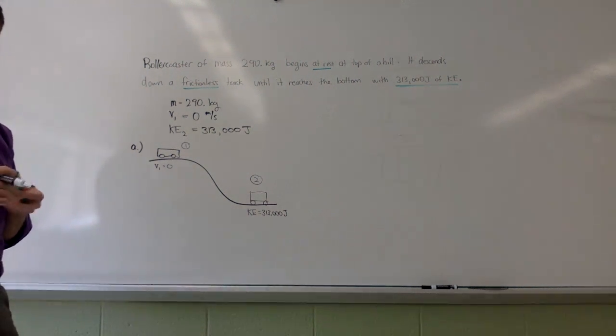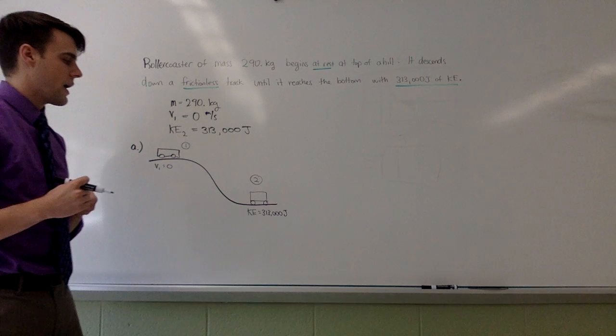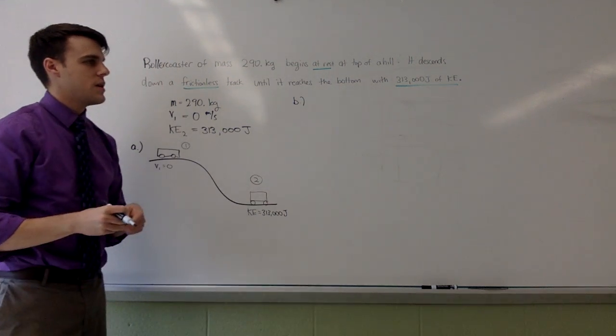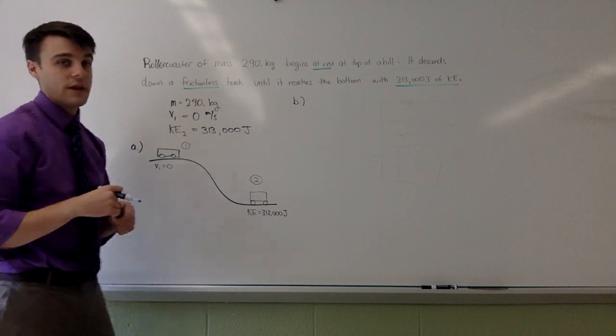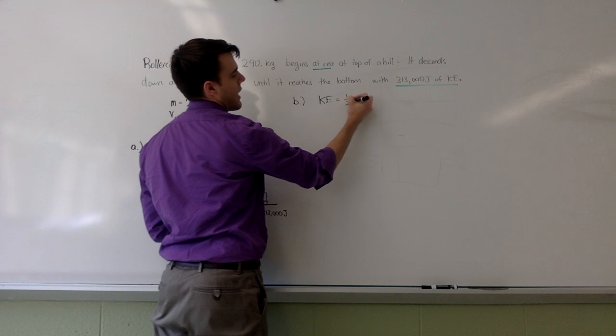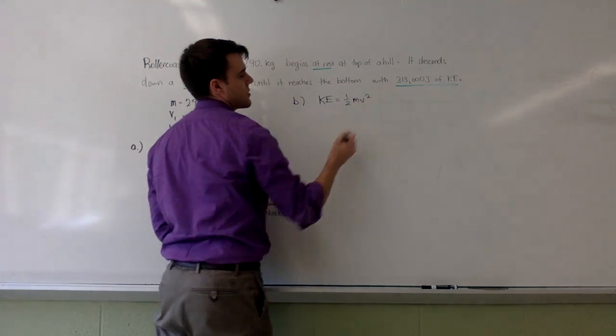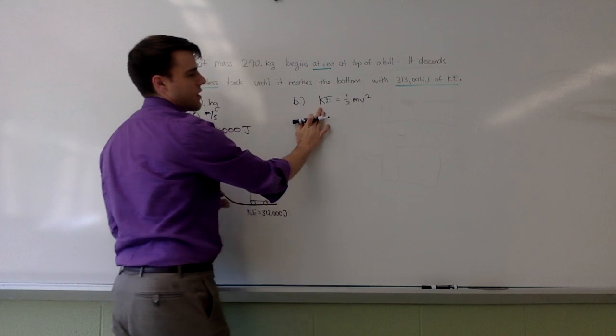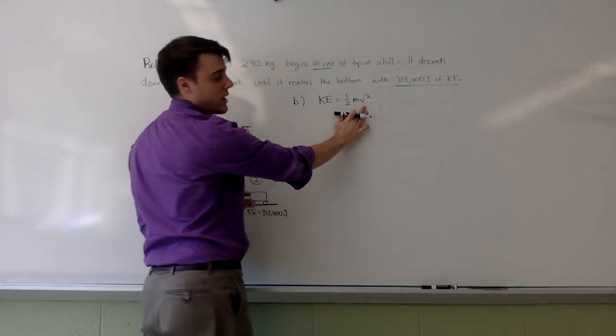Part B says, calculate the speed of the roller coaster car at the bottom of the hill. So, we don't know speed, but we do know that kinetic energy is related to the velocity through the equation, KE equals 1/2 mv squared. So, we know mass, we know kinetic energy, we can solve this for velocity.